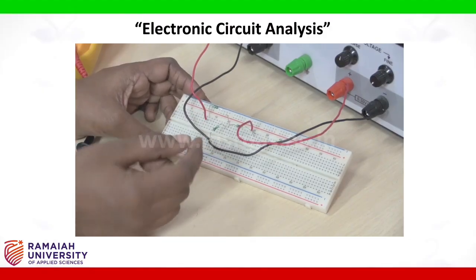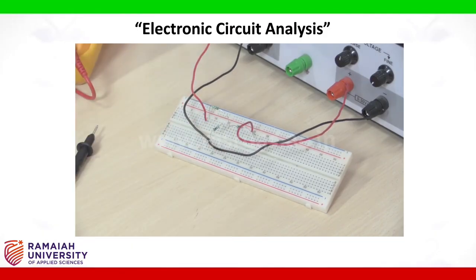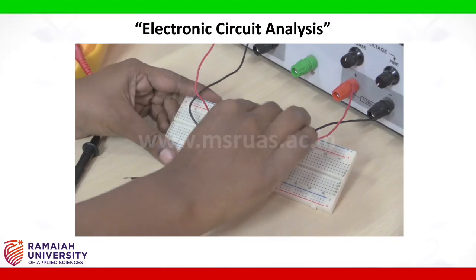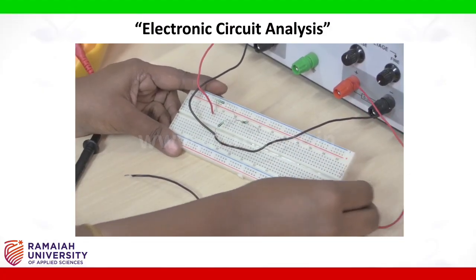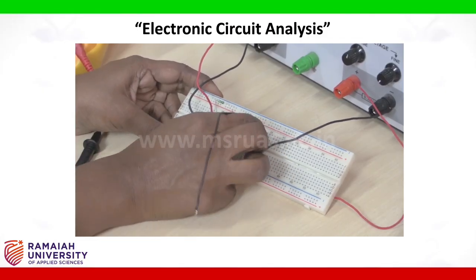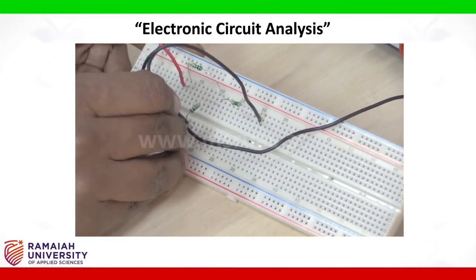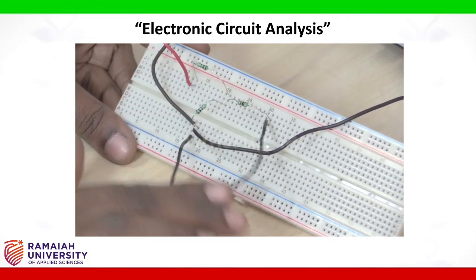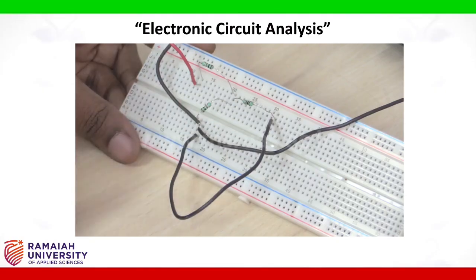Now remove source 2, take a connecting wire, and short from this resistor leg to this common connection. Again measure current through 3 resistors.